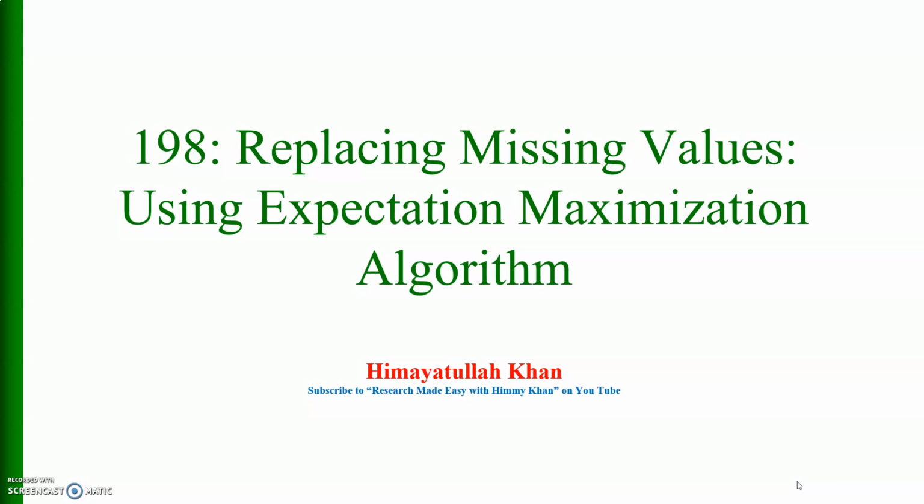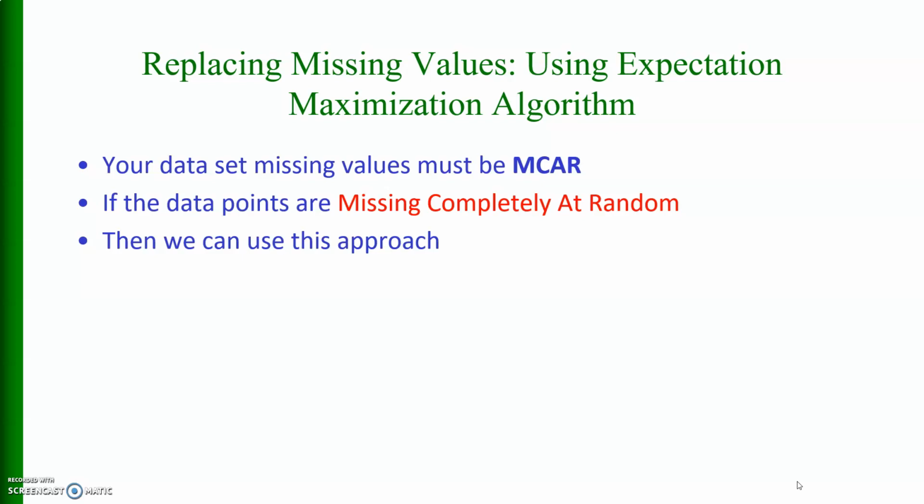Welcome to video number 198, and in today's video I'm going to use the expectation maximization algorithm to replace missing values in a data set. Sometimes your data set may have many missing values, so we must ensure that the values are missing completely at random.